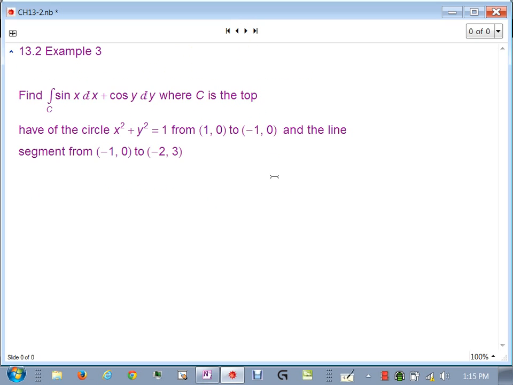Okay, so let's try and do this. Find the line integral along C. Oh, I know I brought my notes. Did I bring my notes? They're there.